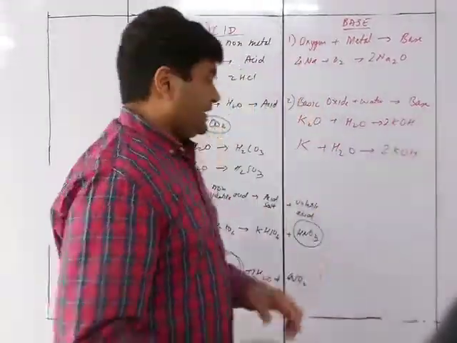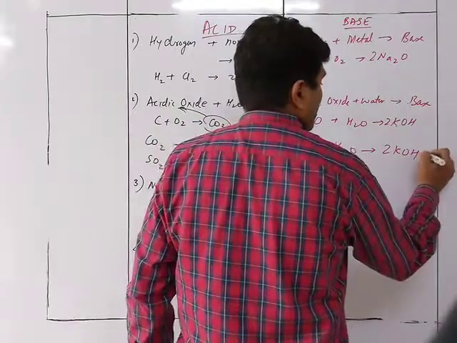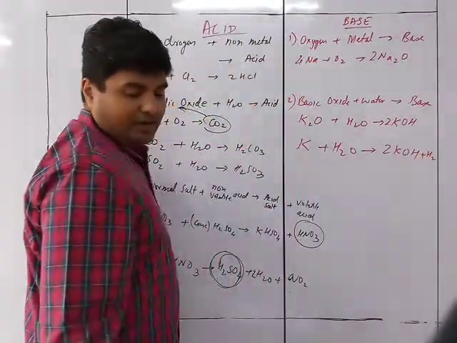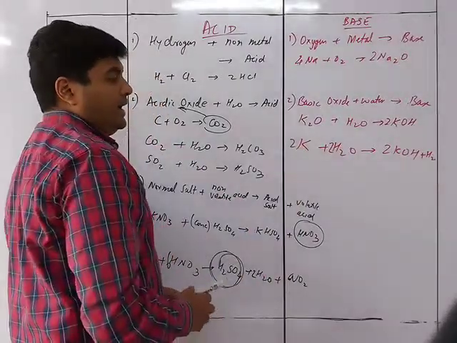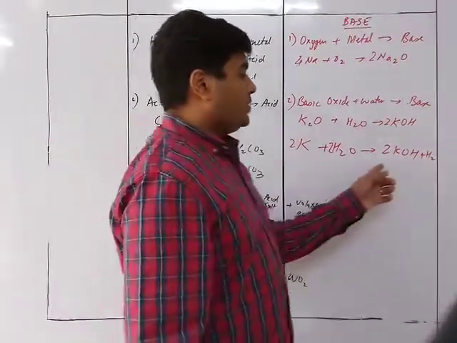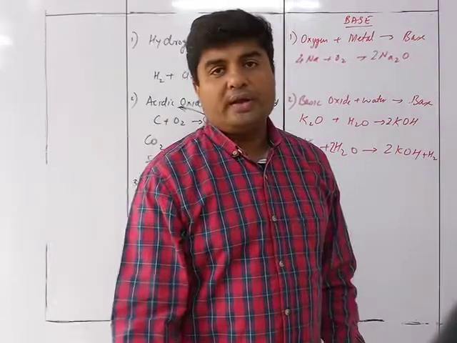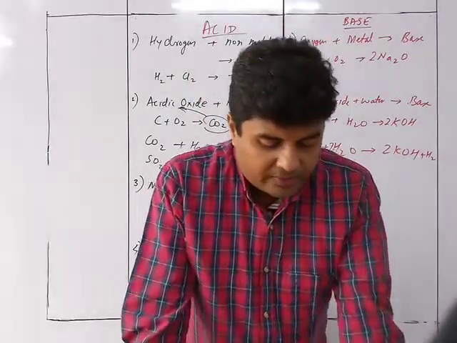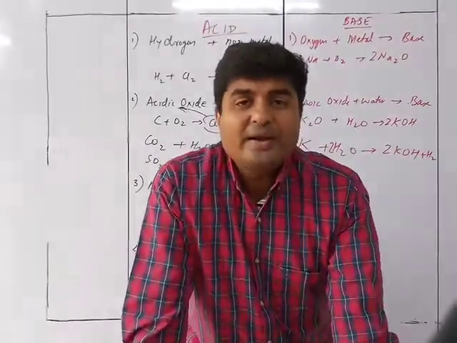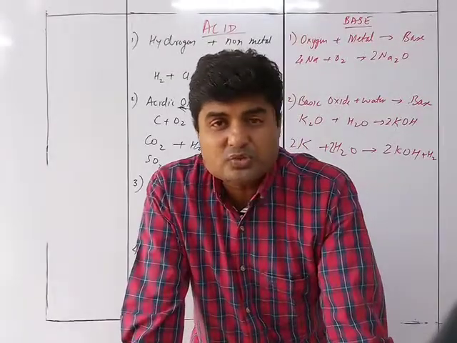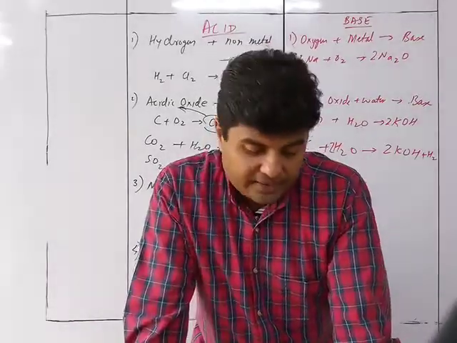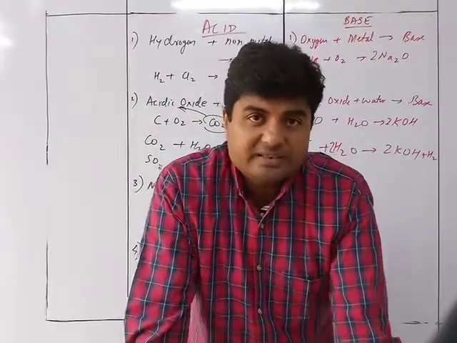But here the only thing is that you are going to get some hydrogen also released. So it is going to be balanced like this: 2K plus 2H2O will give you 2KOH plus H2 gas released. This is how active metals, when they react with water, give you a base which is an alkali.